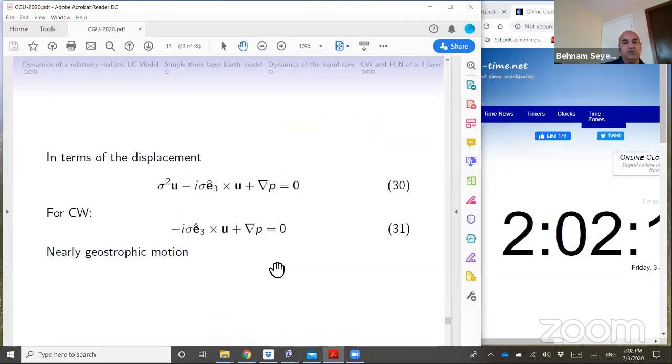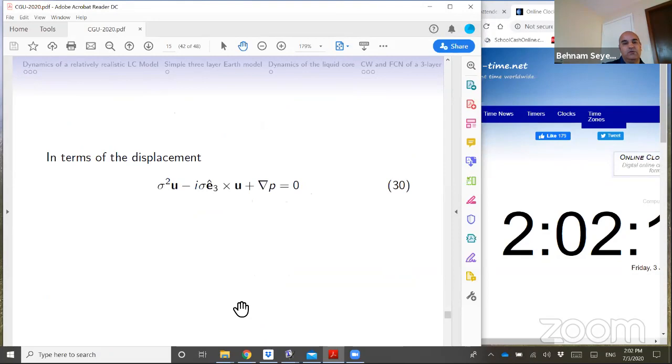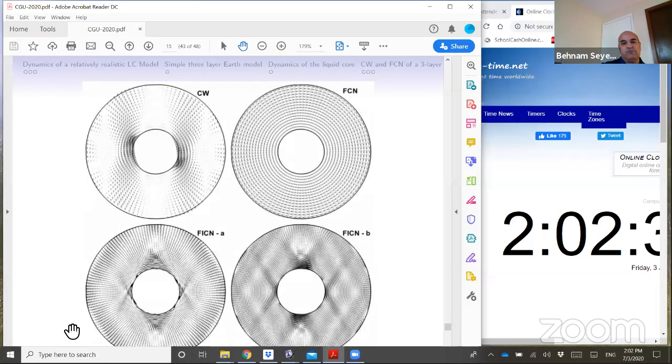Now, you can see that the frequency of Chandler wobble is first order in ellipticity. So if you substitute first order ellipticity here, this sigma is squared, so this term becomes very small. And therefore, for Chandler wobble we have a geostrophic equation, and we expect that we will have Taylor columns during the excitation of Chandler wobble.